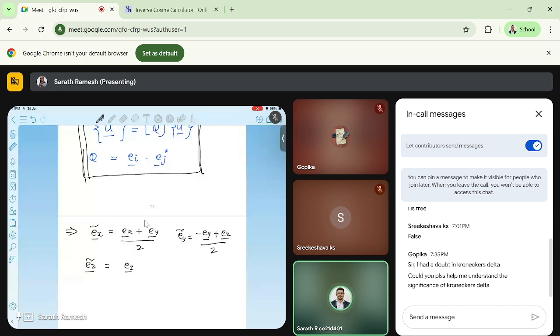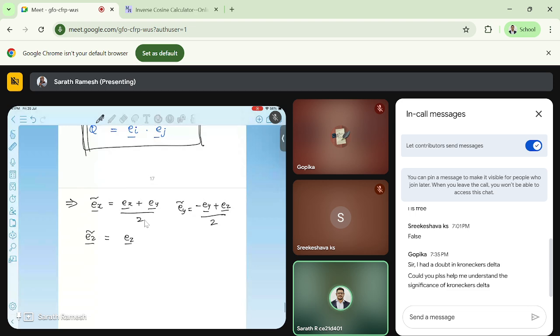Now we have a vector u equal to, in terms of Ex, 3Ex plus 2Ey plus 3Ez. Now we have to find it in terms of u tilde, in the Ex tilde basis. What is the component?